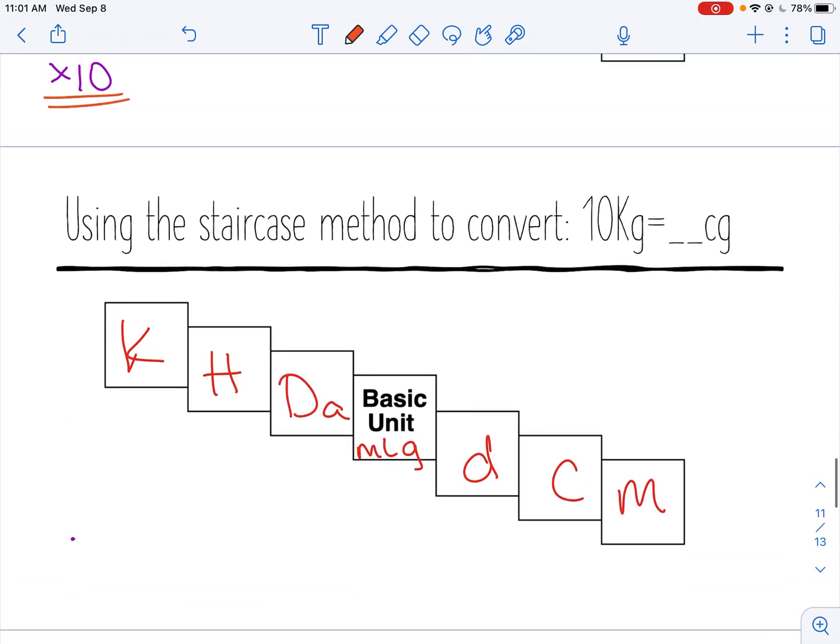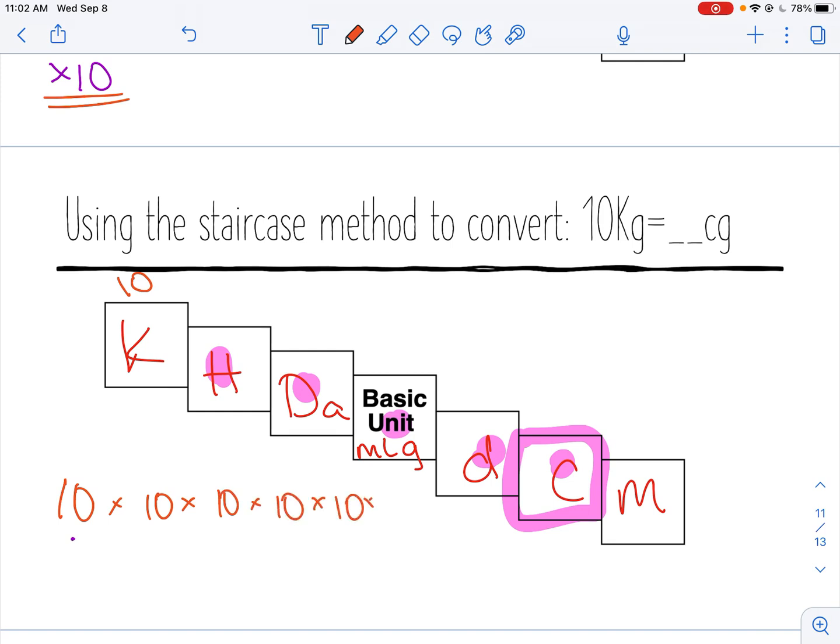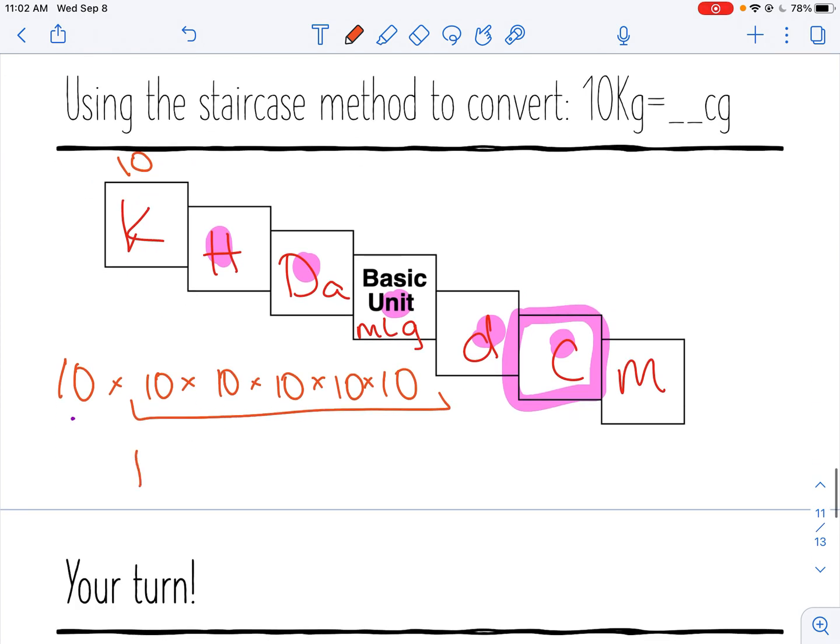For the last one that we're going to try together, we're starting at 10 kilograms. We're trying to go to centigrams. So I have to move it down 1, 2, 3, 4, 5 spaces. So I could just go 1, 2, 3, 4, 5. There's my 5 spaces, right? Or I could say, okay, take my 10.